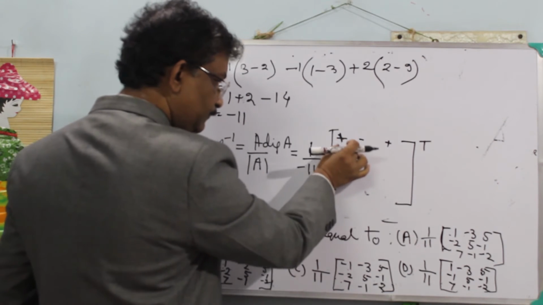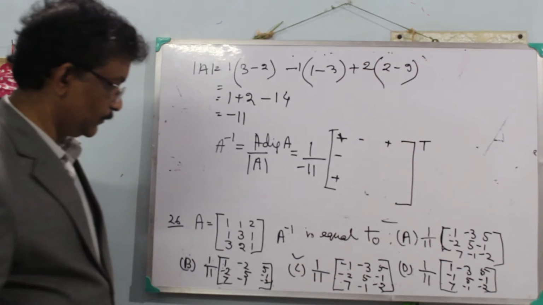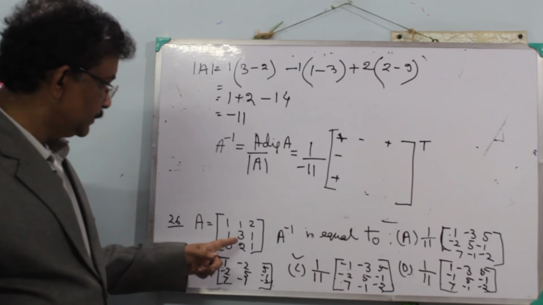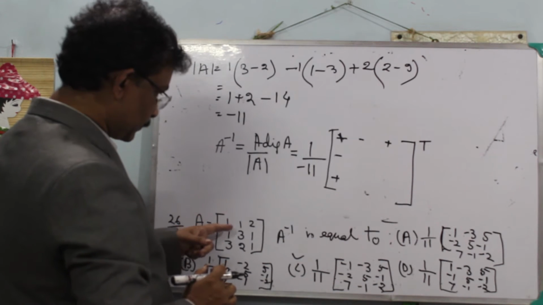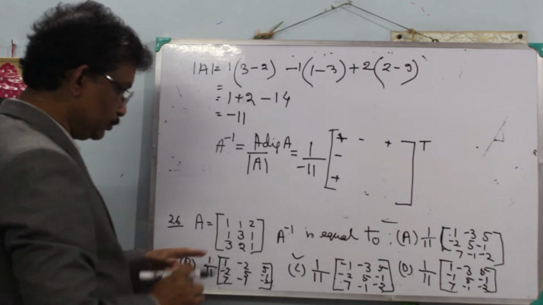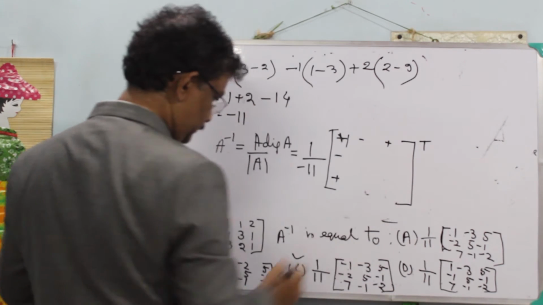So let us calculate the first column of the matrix of cofactors. For this one the cofactor is 3 minus 2, which is 1.